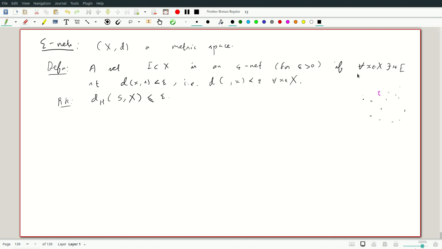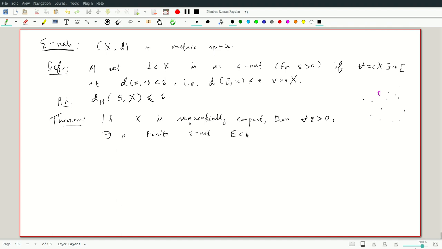As I said, this is a finite approximation, and one main theorem here, there are a few which are all very useful: if X, by which I mean X with the metric d, is sequentially compact, then for all epsilon greater than 0, whatever scale we look at, there exists a finite epsilon net E contained in X. So at any scale you want, you can approximate by finite sets.